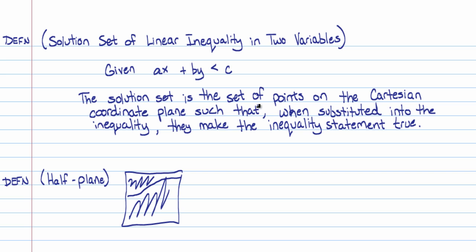And finally, this line right here, that line that splits the world in half that we use to create our half planes, we call that the boundary line. There are a couple forms it's going to take when we start doing examples. It's one of two forms. If it's less than or greater than, but there's no equality there, it's a dashed line.